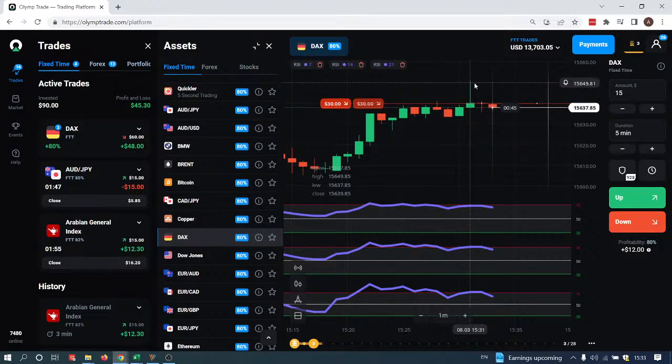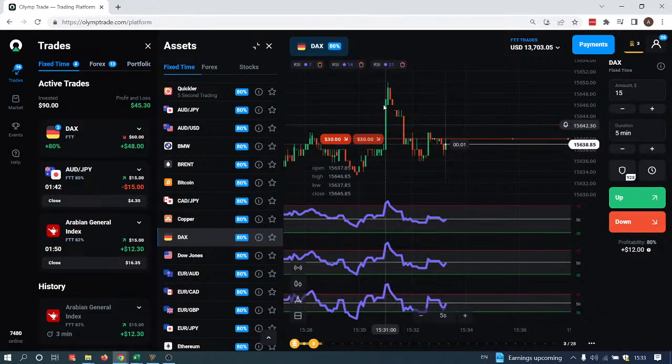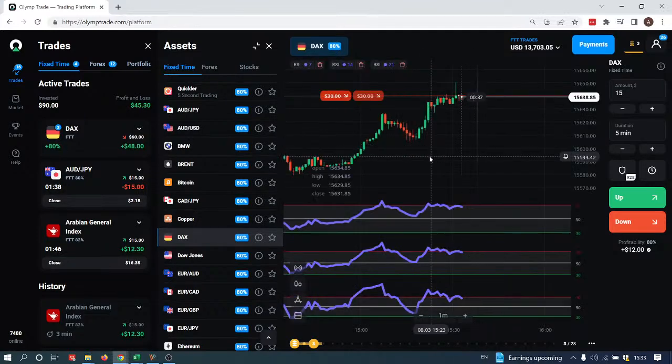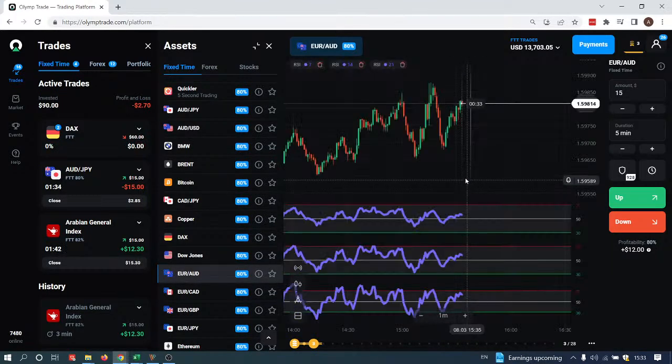The price went above this line quickly, and then it also returned pretty much as quickly as it went above.